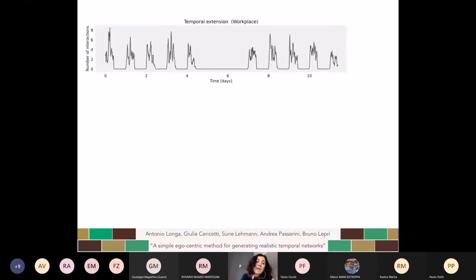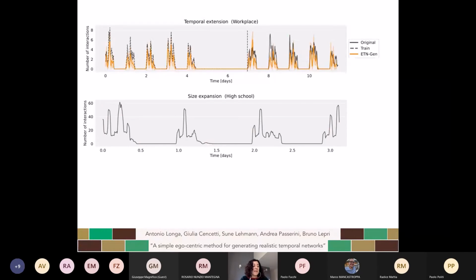This is a data set of a workplace which is 2 weeks long, but we cut it by assuming that we only had access to the first week of interactions. So from this first week, we can generate our dictionary and then generate the new network. And what we obtain is this. And if we compare it with the original one, we see that they are quite similar.